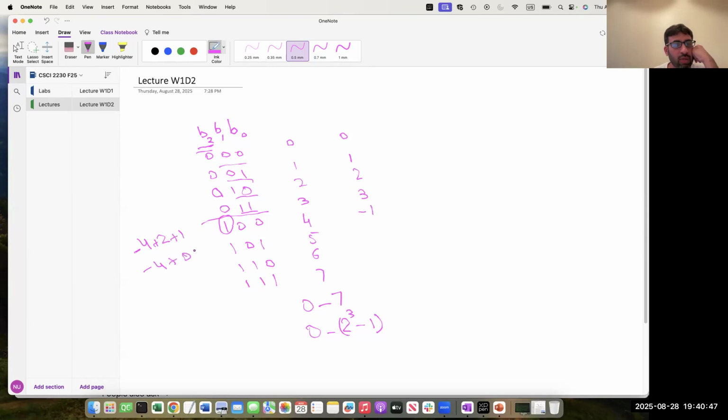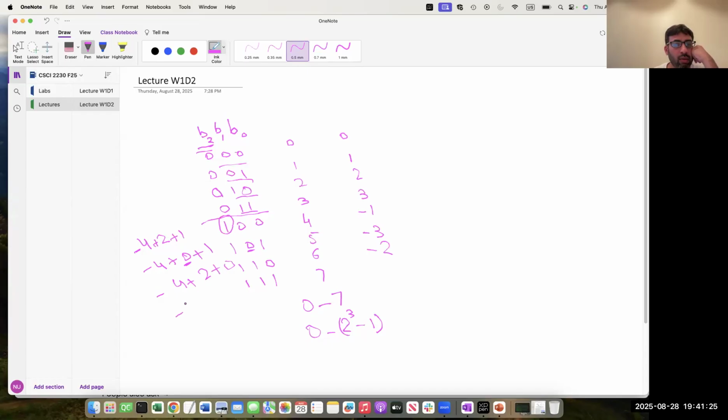In the same way, for the next combination, -4 plus 0 plus 1. Why am I writing 0 here? Because this bit is 0, so the weight 2 times 0 will be 0. So -4 plus 1 will become -3. Then -4 plus 2 plus 0 will become -2.